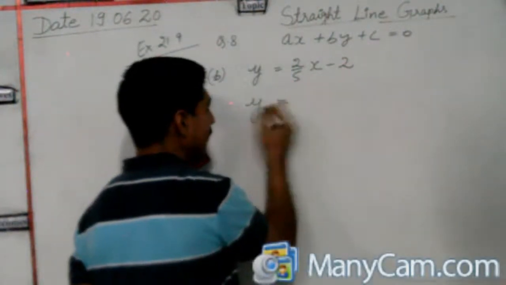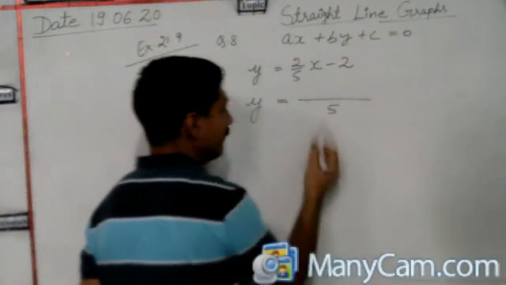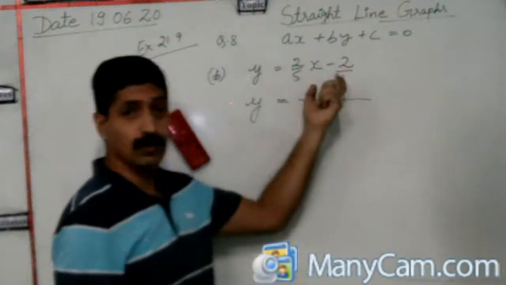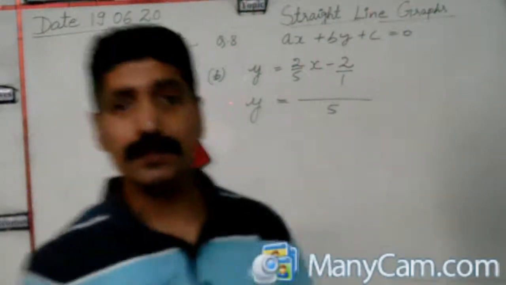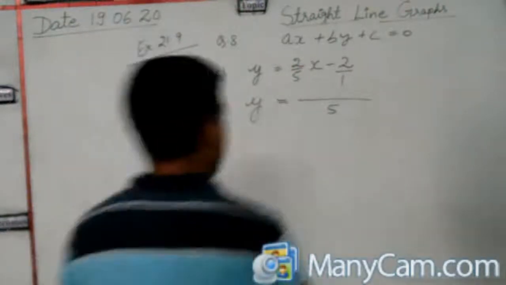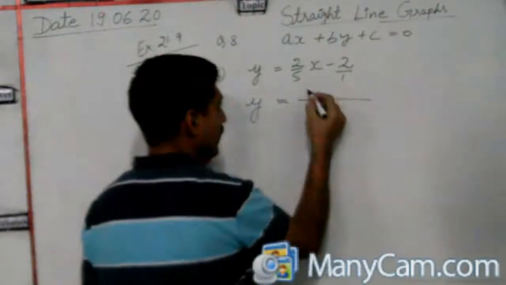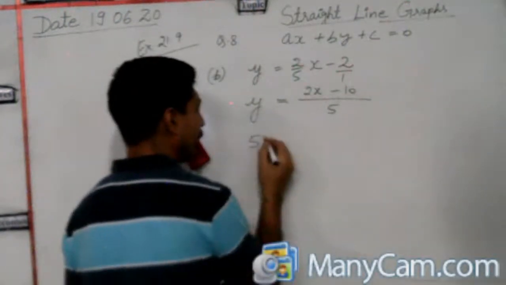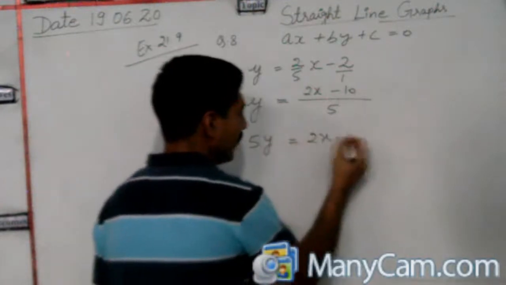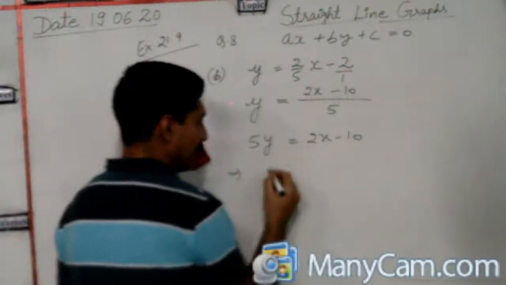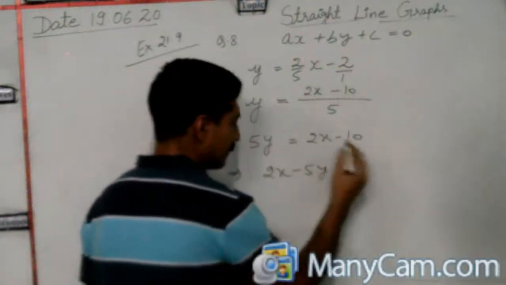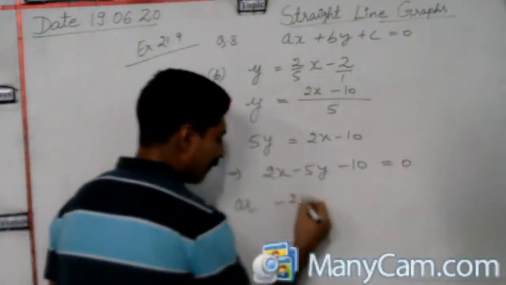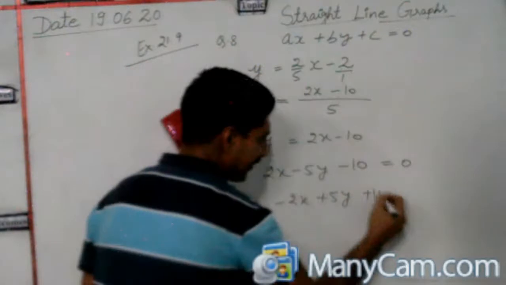So we can write y is equal to, LCM is 5. Students are committing mistakes here. It is very important, you have to go for the BODMAS. You have to go for the LCM. So here it is 2x minus 10. Now we can write 5y is equal to 2x minus 10, or this implies that 2x minus 5y minus 10 is equal to 0, or minus 2x plus 5y plus 10 is equal to 0.